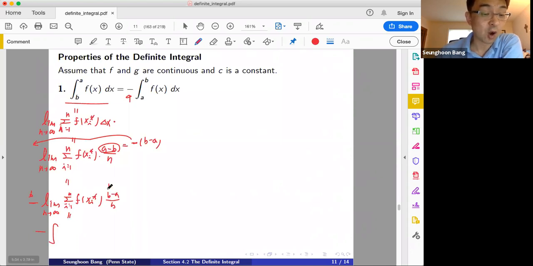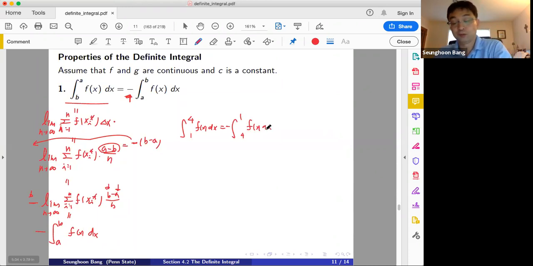Upper limit minus lower limit, so lower limit a, upper limit b, f of x dx. That's it, this is true. We only interchange a and b, and you can take a negative sign. One good example: the integral from 1 to 4 of f of x dx is the same as negative the integral from 4 to 1 of f of x dx.